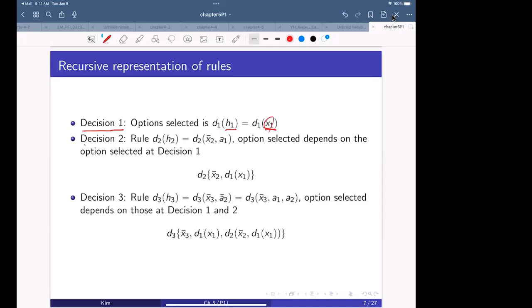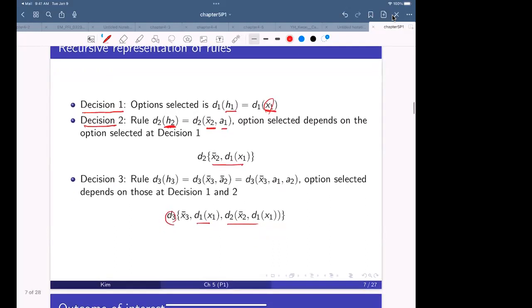But decision 2 is based on the history at 2, so it has two components. One is the auxiliary information, the other is the options taken so far. So we have a recursive way of defining the decisions.